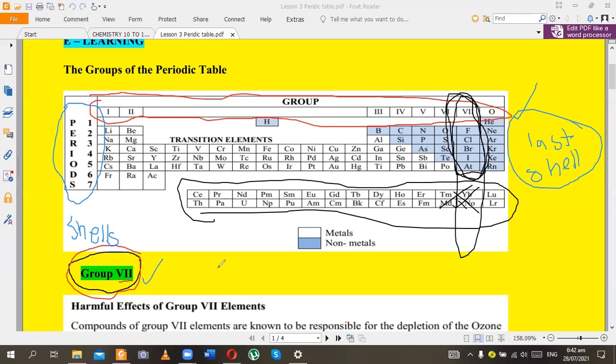So that means we'll be talking about fluorine, chlorine, bromine. By the way, these are diatomic elements. I'm just writing them the way they are on the periodic table. Then iodine, and then astatine, At.